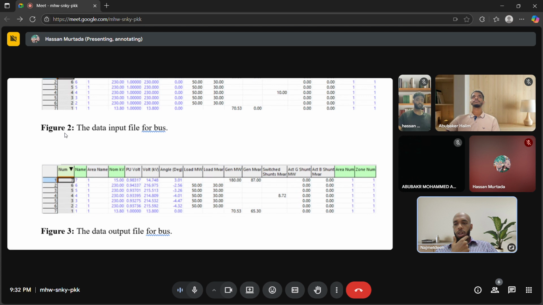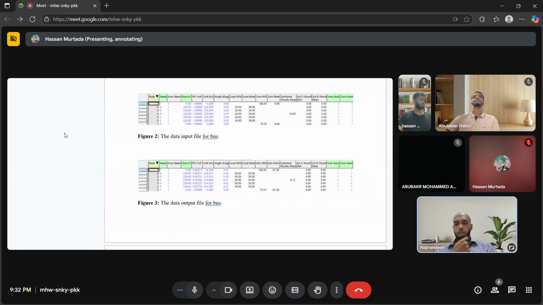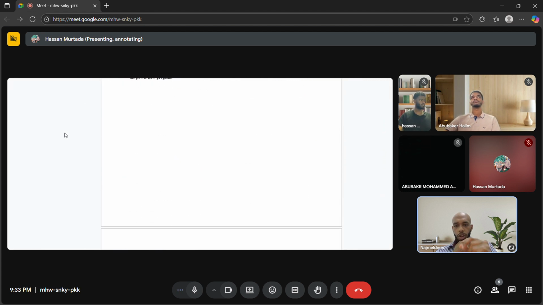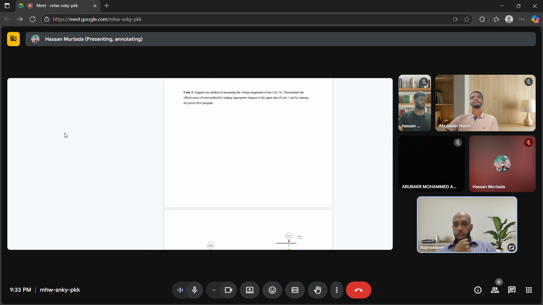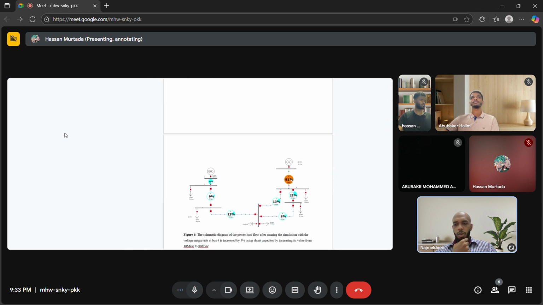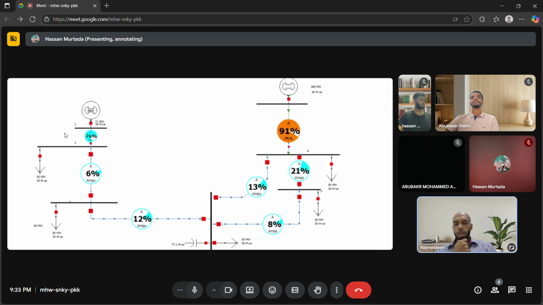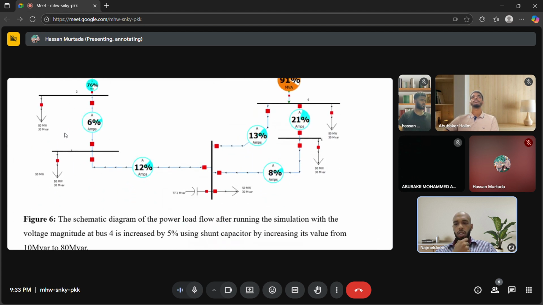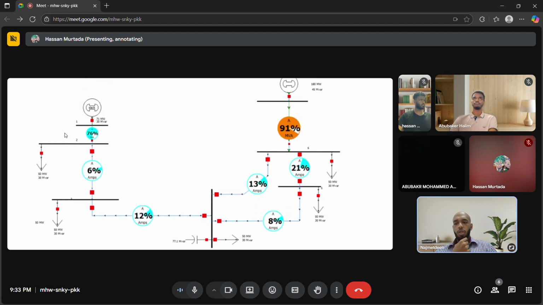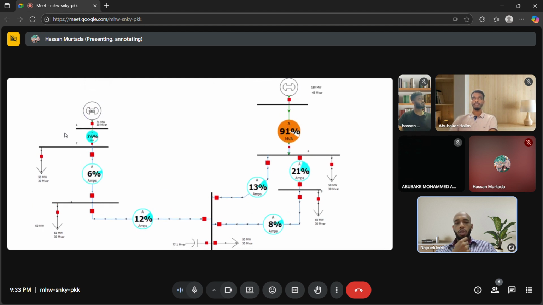So first of all, why is bus 4 under voltage? If you can see in the figure, it's located downstream of a long line with a high reactance. Without enough local reactive support, it relies on the Q flow from upstream, which causes the voltage to drop.